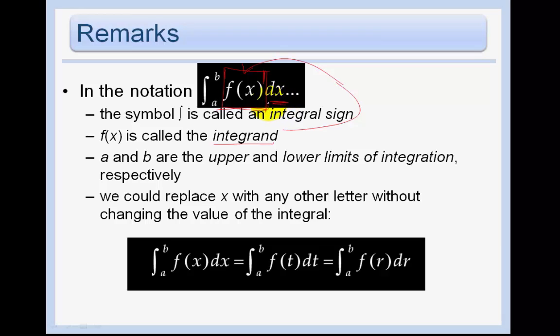So that's what the dx is. Basically, if we had f of t, then you would want to do dt. If you had f of r, you would want to do dr. Just like when we're doing dy dx, remember, it meant take the derivative of y with respect to x. So here's just formalizing it with what variable we're taking the integral with respect to.